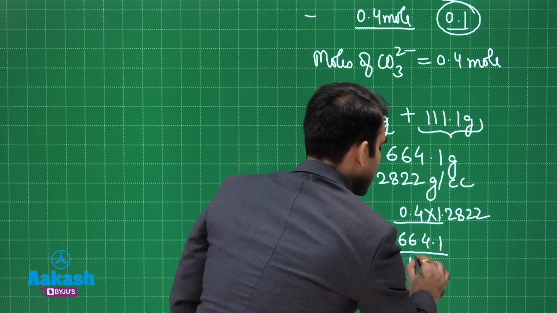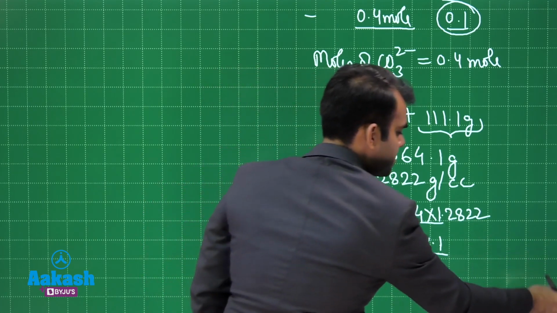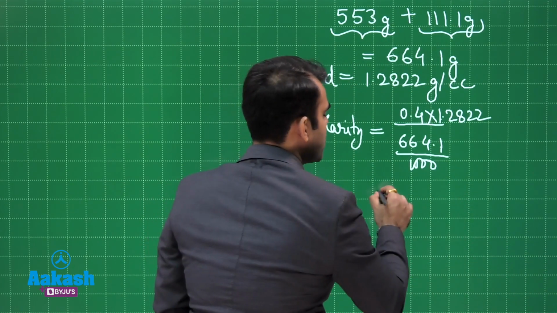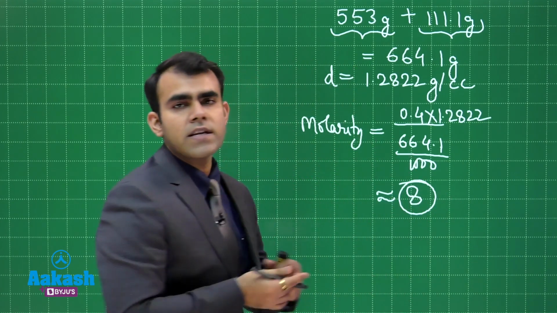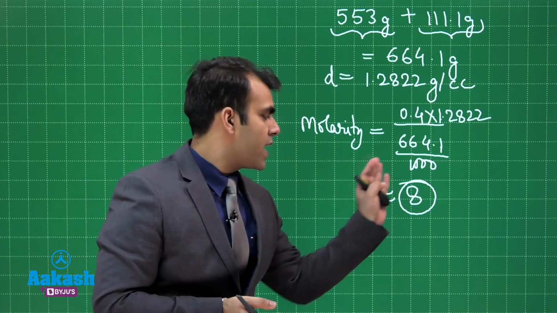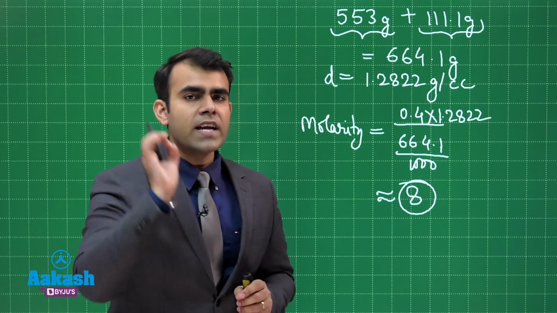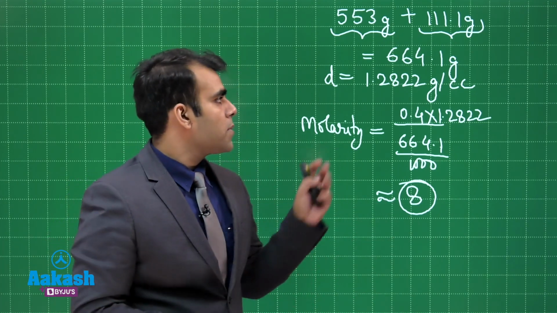So if I divide it by 1000, it becomes liter, and from there, if we do the calculation, this comes out around 8 in integral value. So that is 0.77 or 0.78, but we need the nearest integral value, and that is 8. So this is all about the question.